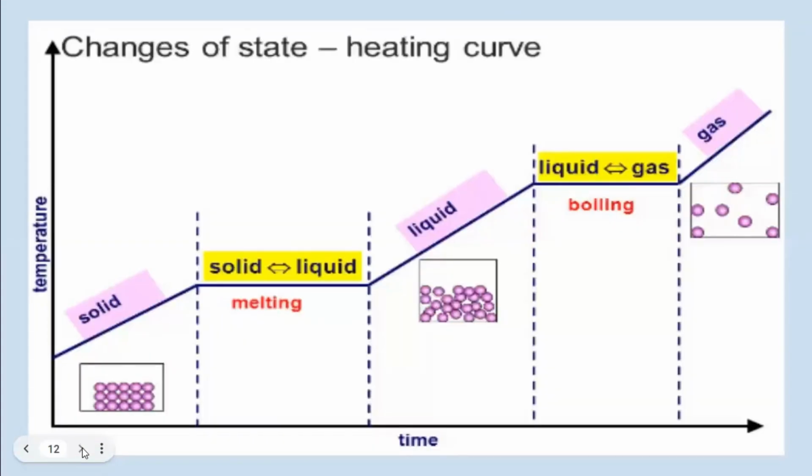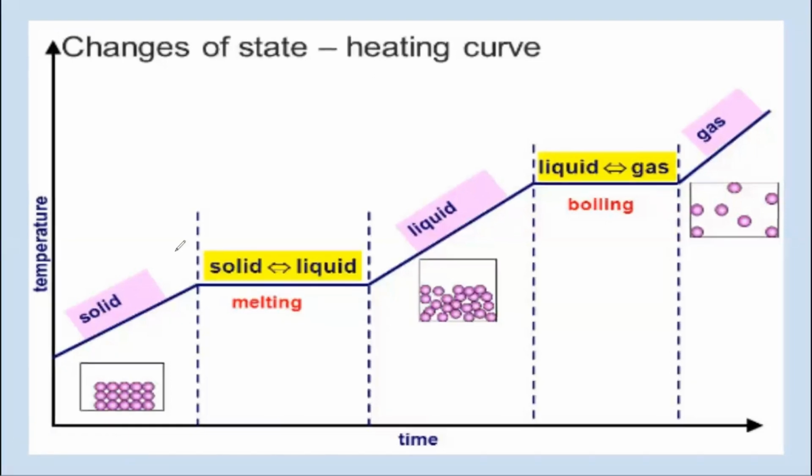All right. There is a graph over here, the change of state curve, which shows how the temperature is increasing and the change of state is taking place. Now see, this is the solid object. Let's say it's ice. You are increasing the temperature, the ice is melting away. But at one stage, the temperature will not rise. The temperature will become constant.